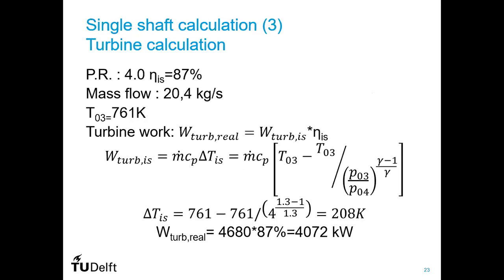Now do the turbine calculation, and it's more or less exactly the same as I did before. I can do it a little bit here again, but wait a minute. Share screen, whiteboard. So the turbine again, then we go from 3 to 4.